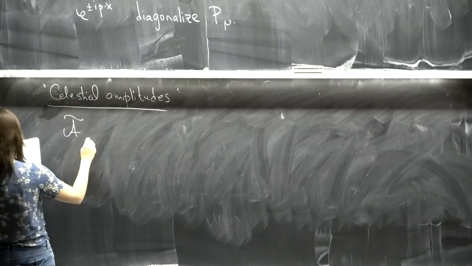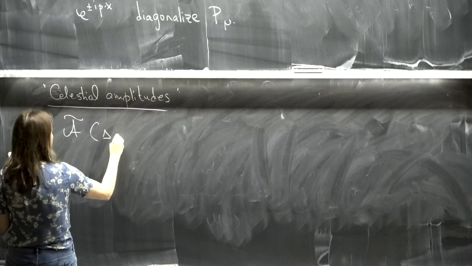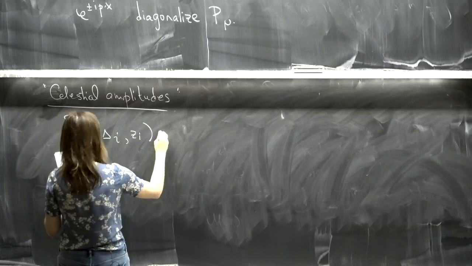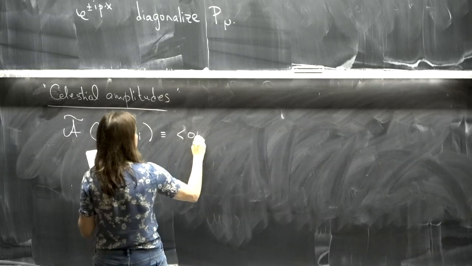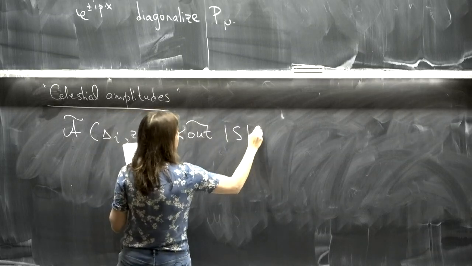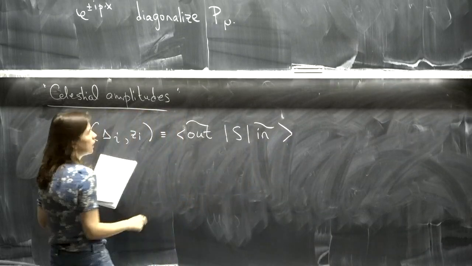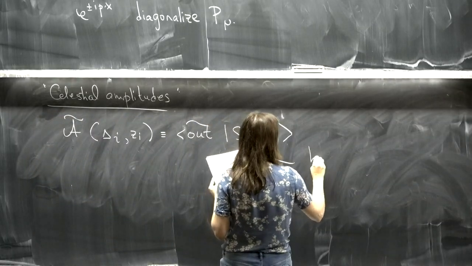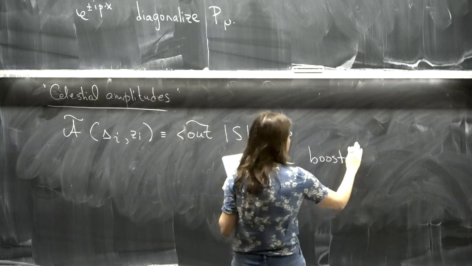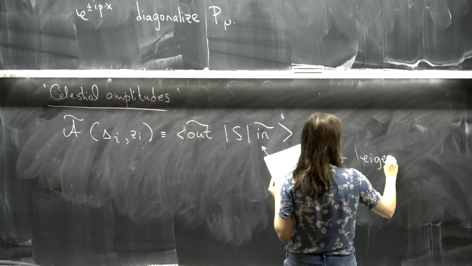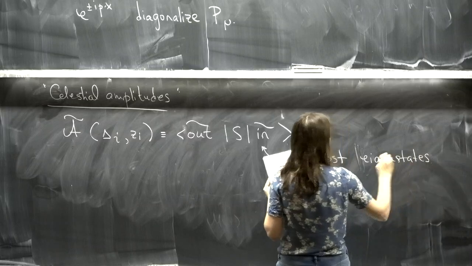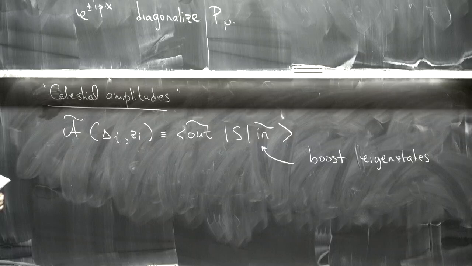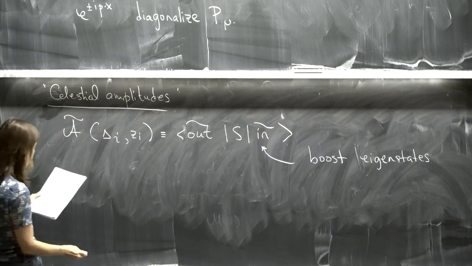So we have some amplitudes that I'm going to call A tilde, that are functions of the external dimensions delta I, and Zi, that are defined as S-matrix elements in this tilde basis, and these are just boost eigenstates, or they're elements of the Fock space version of these boost modes, of these conformal primary modes.